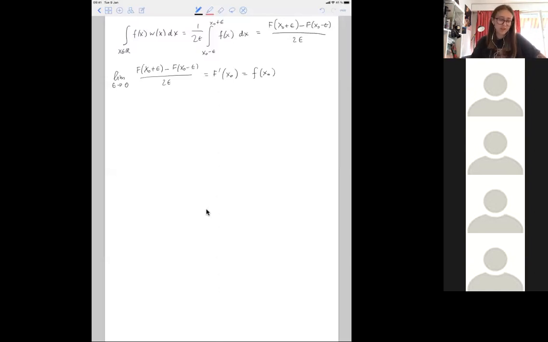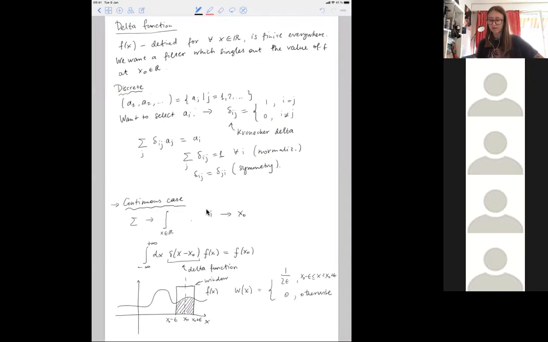So the idea here is that the narrower you make this window function, its height will grow and grow, but it will become narrower and narrower.